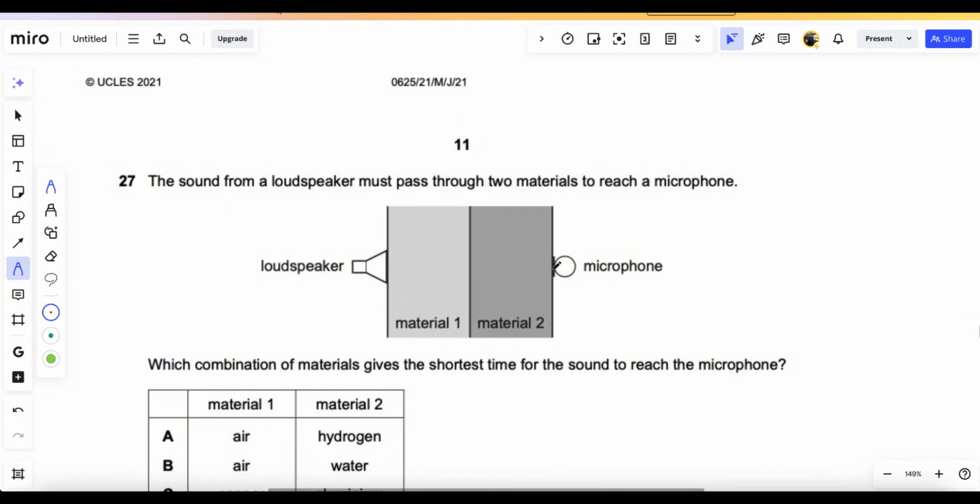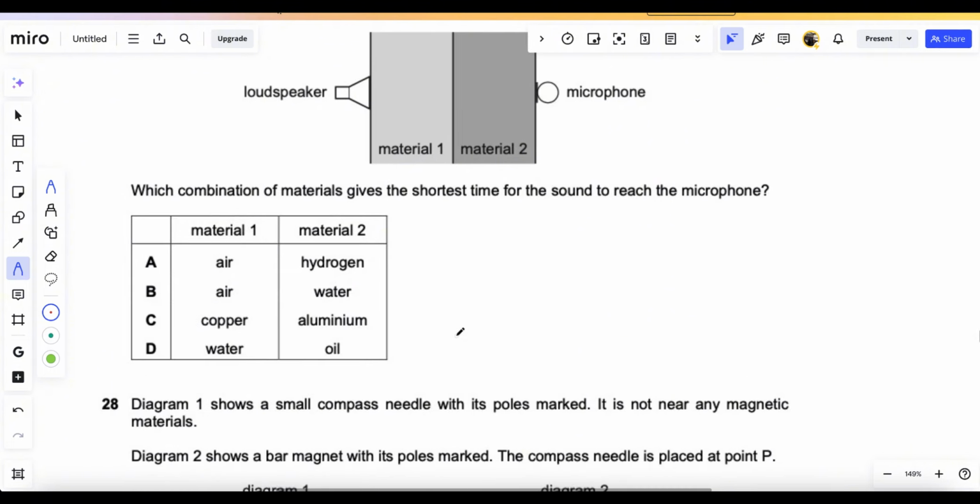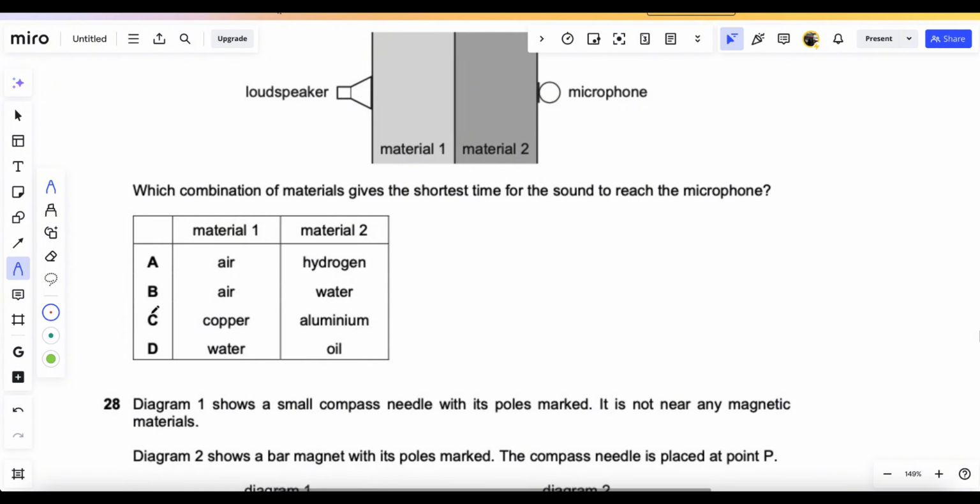This is where the microphone is. Which combination of materials gives the shortest time for the sound to reach the microphone?